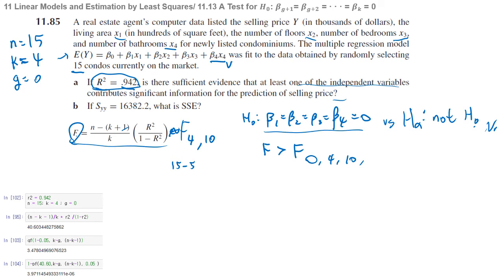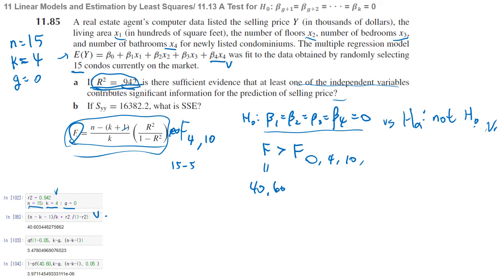So this is the calculation. R square is 0.942 as given here, and our n is 15, k is 4, and g is 0, and we can calculate our F statistic this way, which is 40.60. So our F is 40.60.